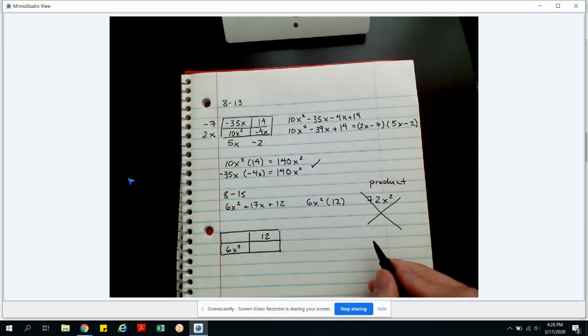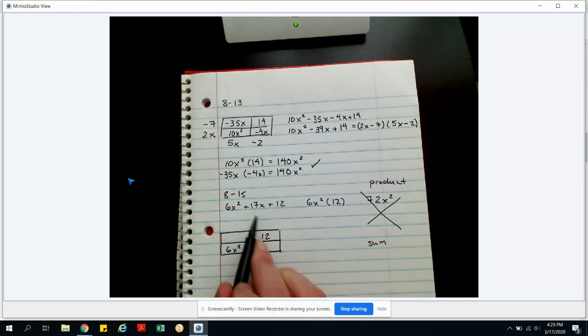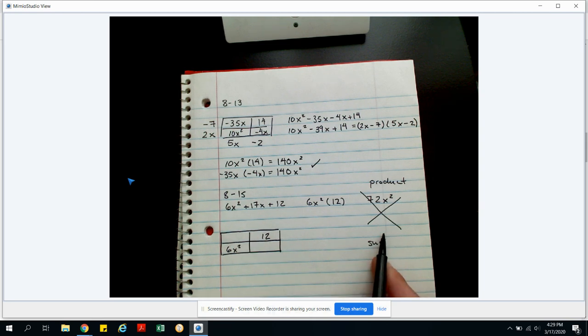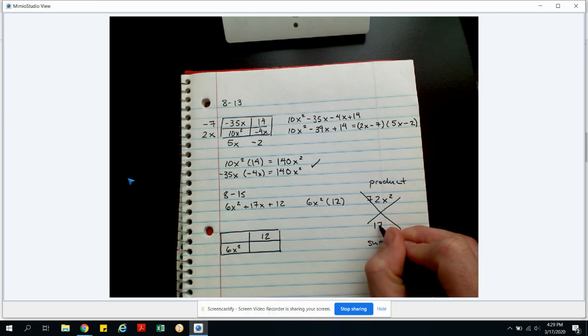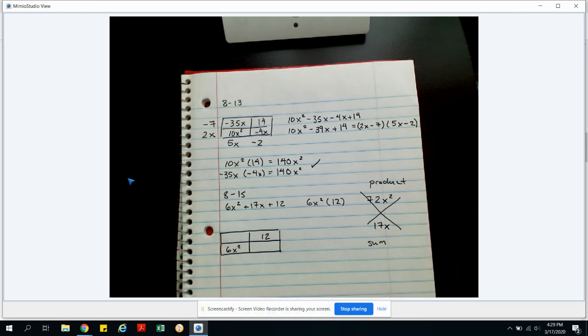All right. On the bottom, I know that the sum of whatever's in these two boxes must be equal to this middle term here, so 17x. So I'm thinking to myself, classic diamond problem here. What two values multiplied together gives me 72x squared? When I add them together, I get 17x.